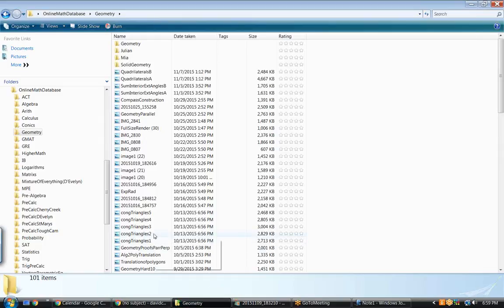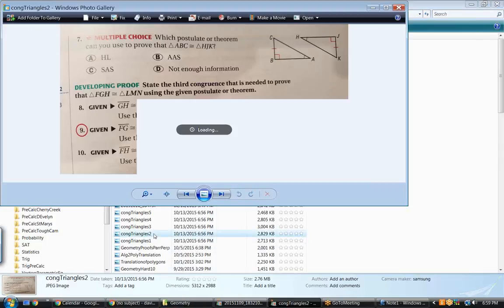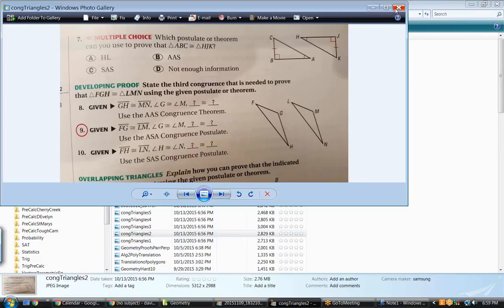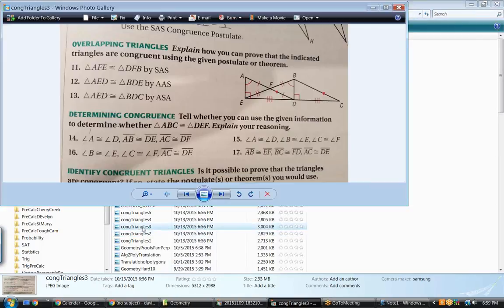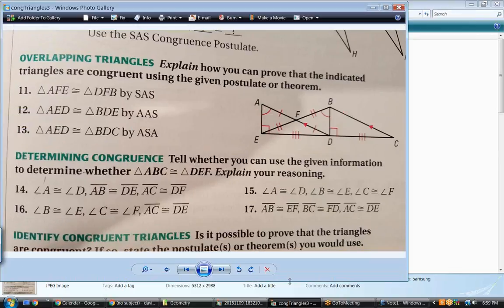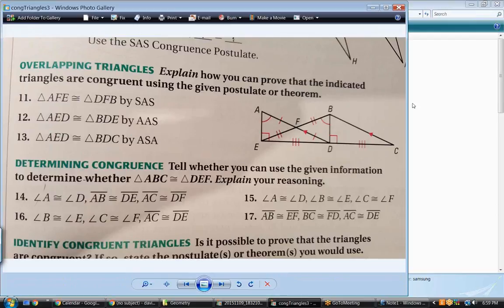No. Part of the problem I have as a tutor, and I was realizing this today, is that because I get such a short amount of time with students, I don't really get to tutor them in the best way, which is to find a problem, explain how to do it, and then give them a bunch of similar problems and let you practice doing it.